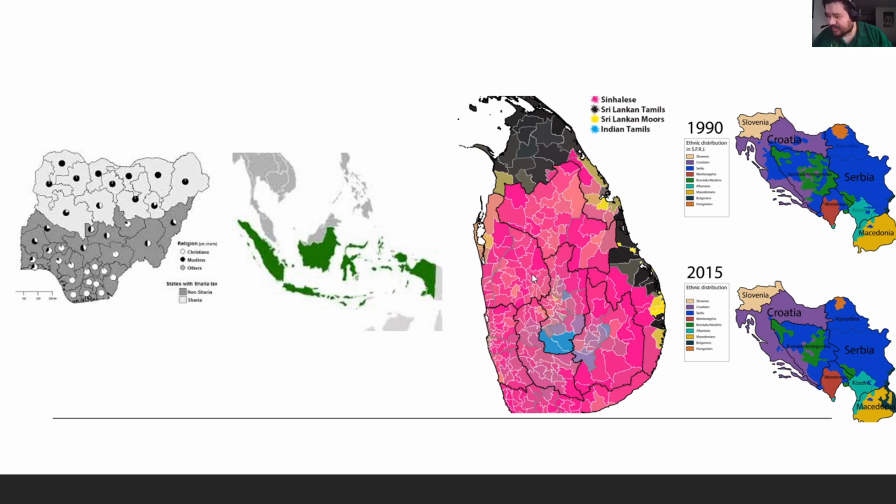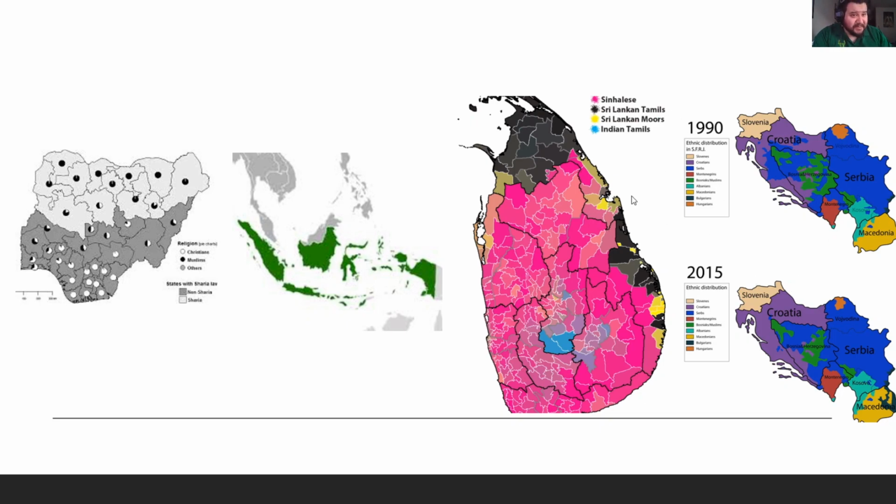The last issues that we see are between, similar to the first example with religion, cultural identities in general. So we see, in Sri Lanka and in what was the former Yugoslavia, a variety of different cultures.